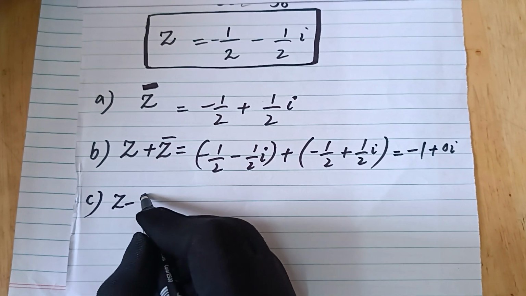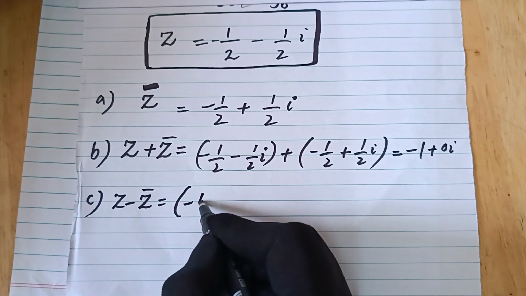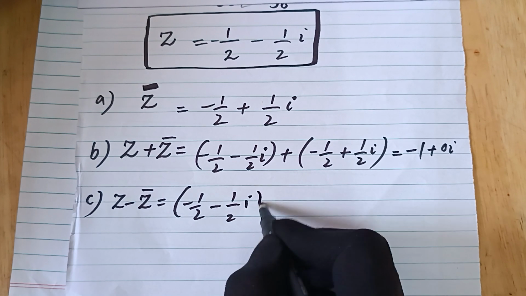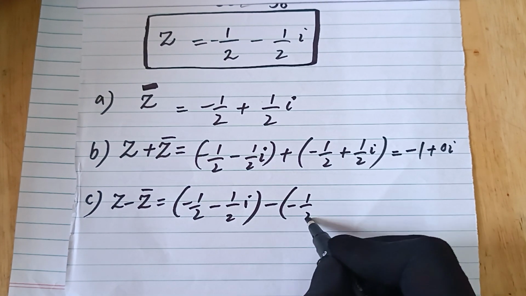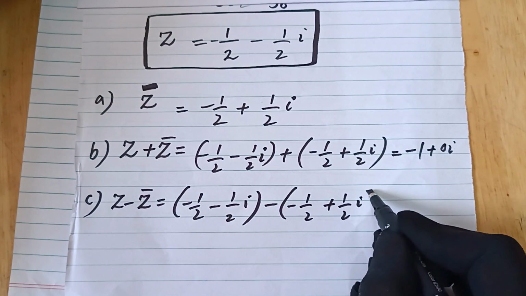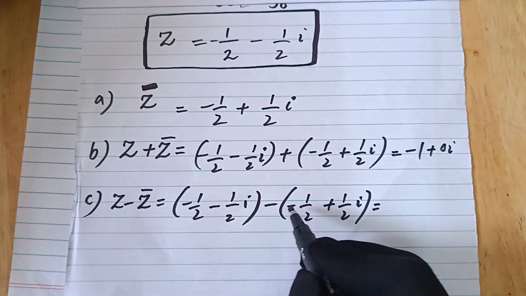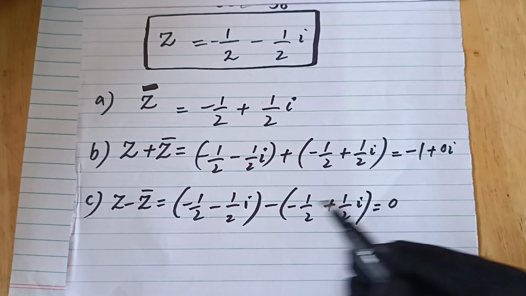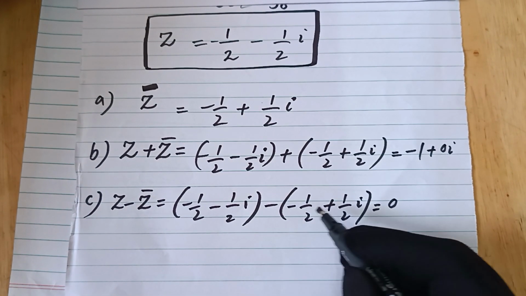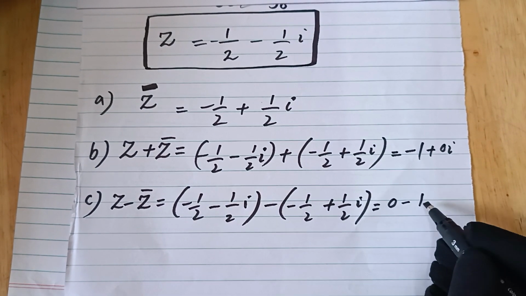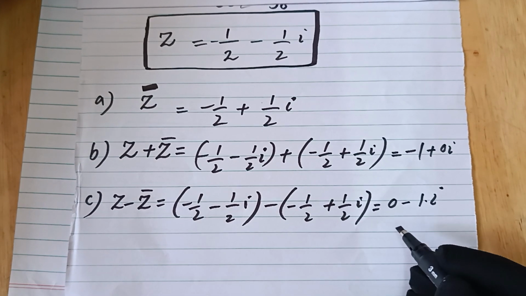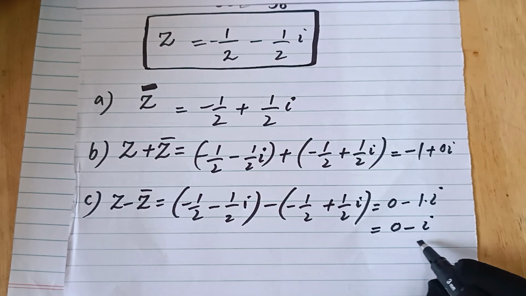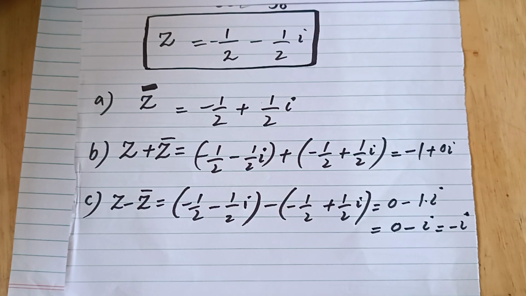On subtraction, minus half minus iota over 2 minus minus half plus half iota, the result is 0 minus iota equals minus iota. In any form you can write.